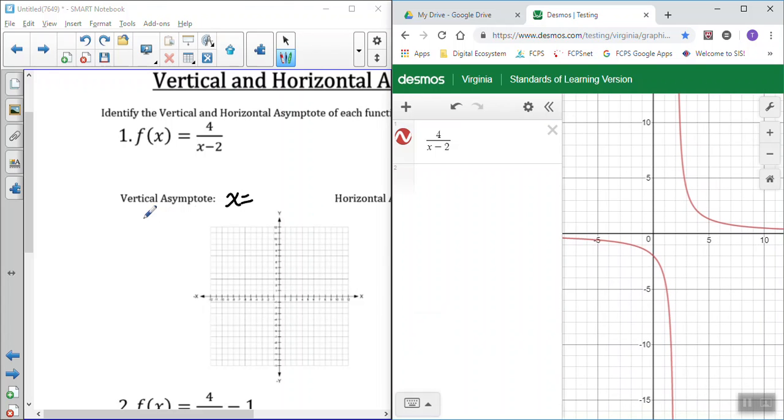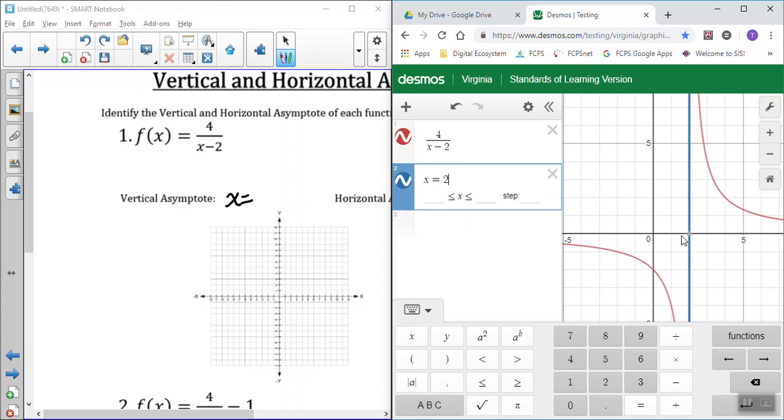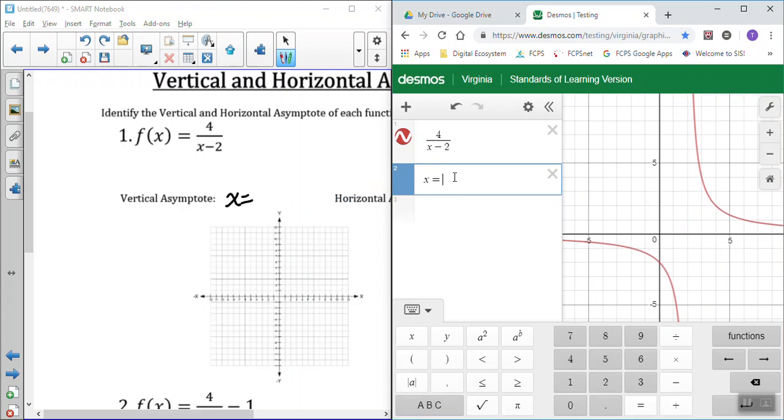Here's my graph. Alright, so let's look at a vertical asymptote. Like I told you, vertical asymptote is x equals, and I'm just going to say it's over here, so I'm just going to guess it to be 2. So I'm going to write 2 here. X equals 2, and I guessed good. Sometimes you might say, well, maybe it's x equals 4, and this is not an asymptote because it's actually going through the other graph.